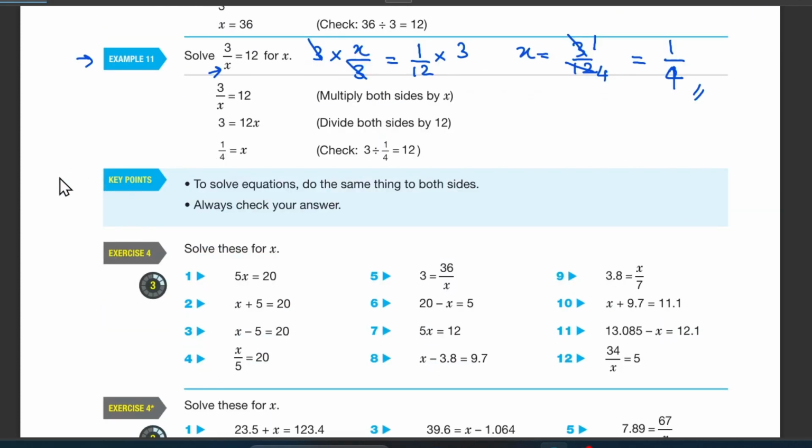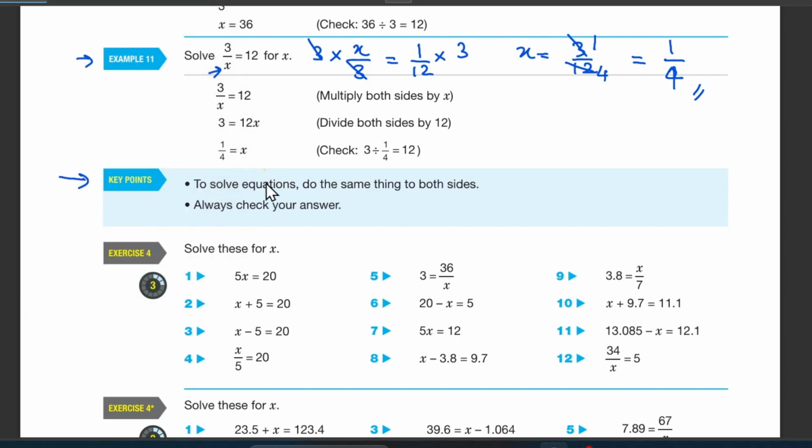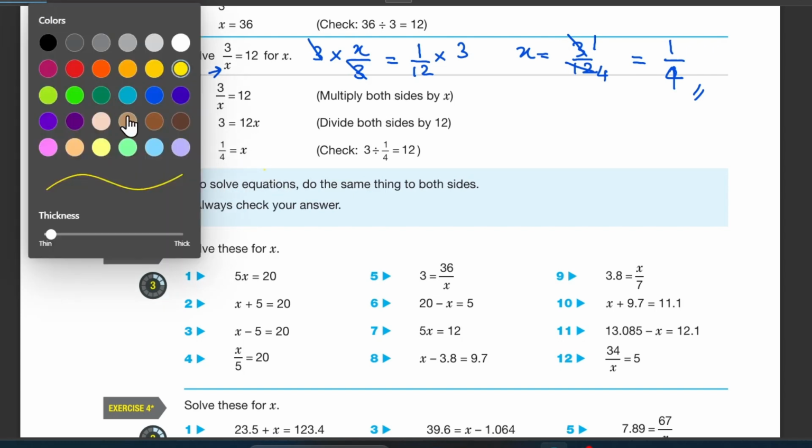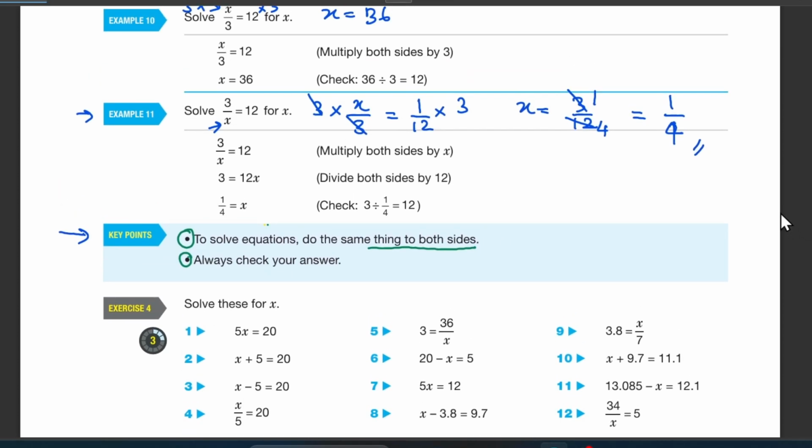Okay. Now when we come to the key points, they are telling us we have to remember these things when we solve equations. So the first thing is you have to do the same thing to both sides. I kept telling that point in the previous examples, and also always check your answer. Okay, so we can check our answer. We got an answer here.